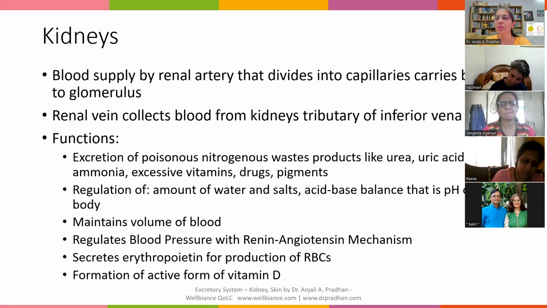How do you know the urine is concentrated? If the color of the urine is yellow, then the urine is concentrated. And if the color is pale yellow or white, then it is diluted. That means your water intake is enough.